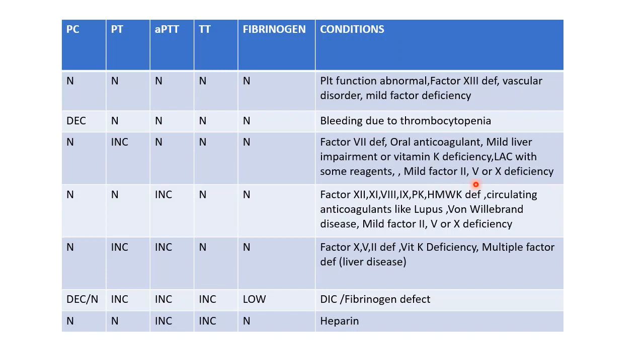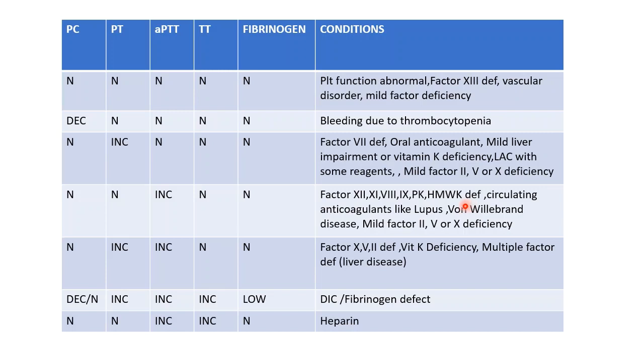The next scenario is where your APTT alone is abnormal and everything else is normal. Causes of isolated APTT prolongation would be factor 12 deficiency, 11 deficiency, 8 deficiency, 9 deficiency, prekallikrein, and high molecular weight kininogen deficiency.